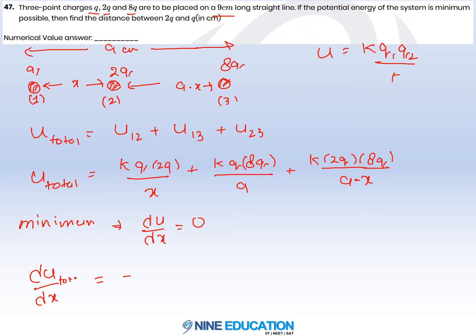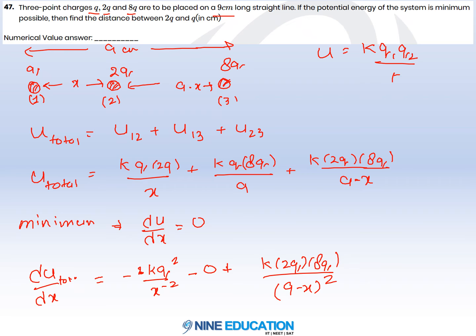equals minus, we can take k q square. Okay, let's take it as it is. 2, differentiation of this becomes minus 1 upon x square, minus 0, plus differentiation of this becomes k 2q 8q upon (9 minus x) square, and this minus minus becomes plus.